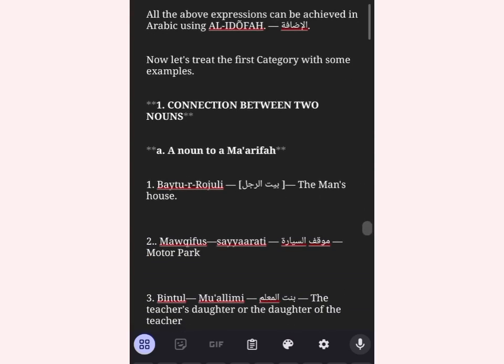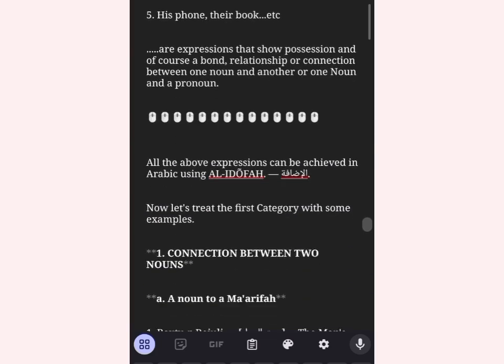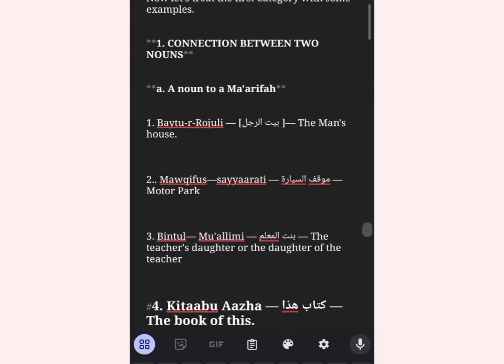The first thing we want to say is the man's house. After learning all of this, you can try to translate any of these expressions from 1 to 5. However, we'll cover some of them in our new examples here.